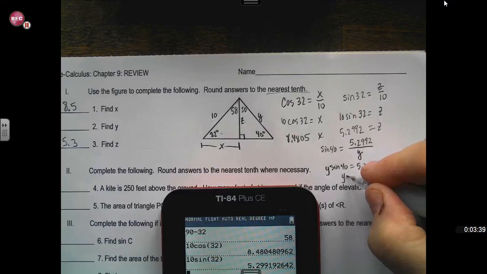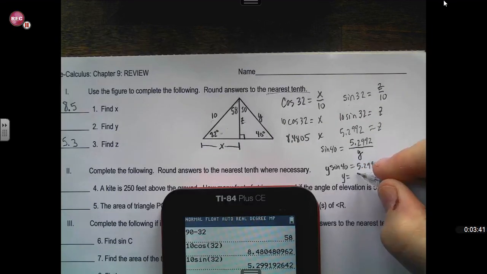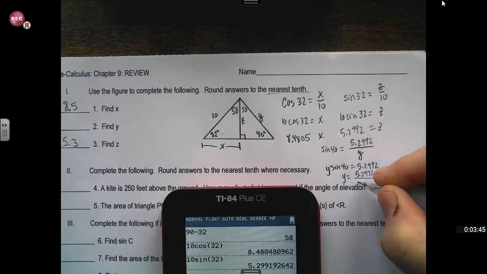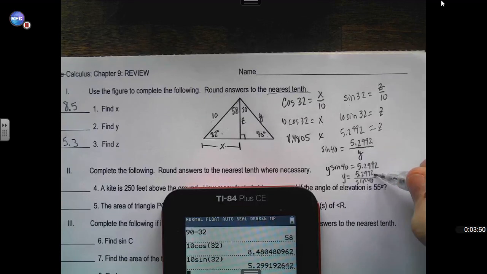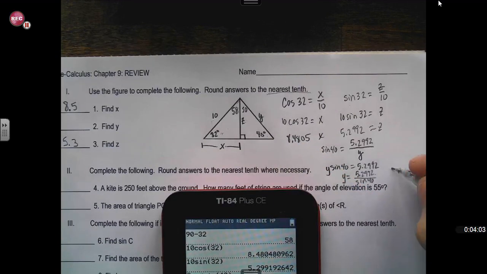So Y is 5.2992 divided by the sine of 40. I've already got this number in my calculator, so I'm just going to hit divide and then sine 40, and it'll use that number with all the decimal places, which is what we're supposed to do. And I get Y is approximately 8.2441, so we'll call it 8.2.